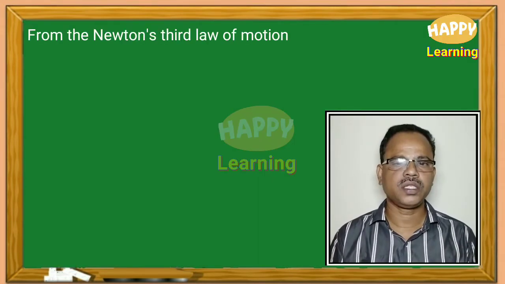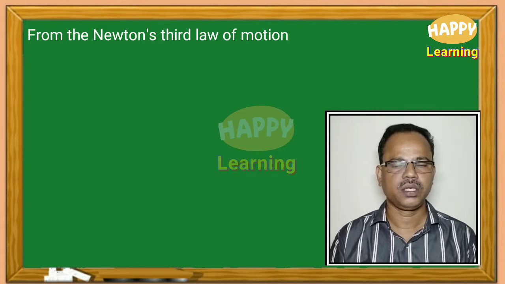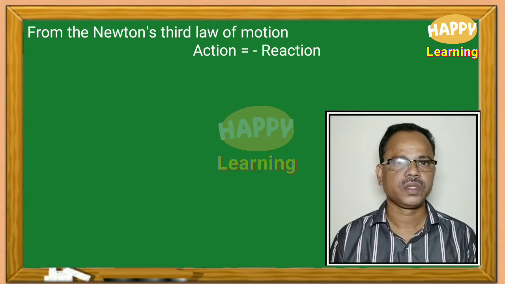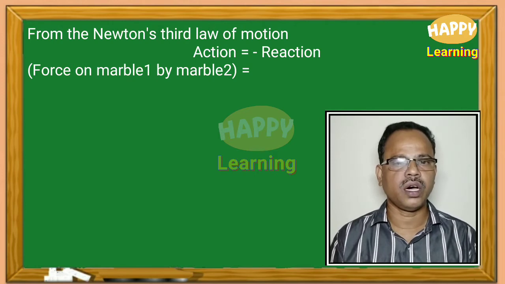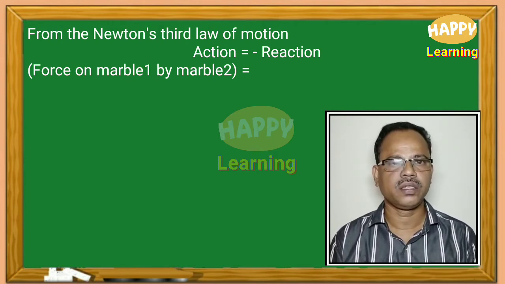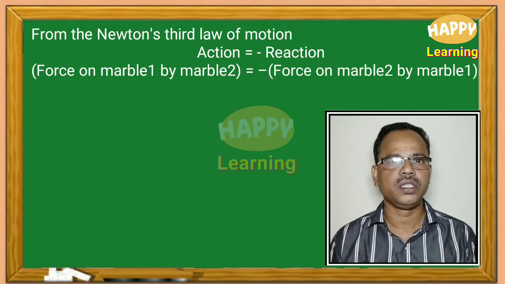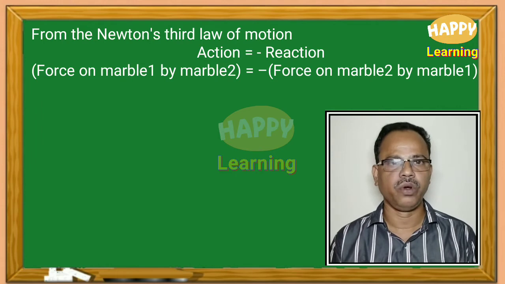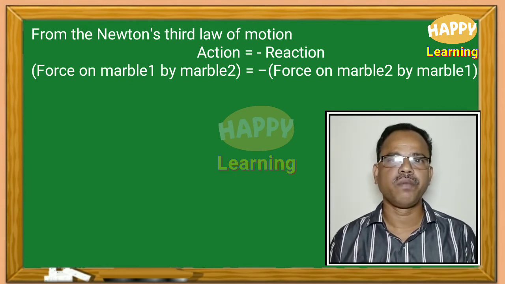From Newton's third law of motion, action is equal to minus reaction. So force on marble 1 by marble 2 is equal to minus of force on marble 2 by marble 1.